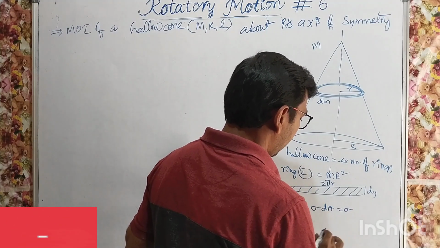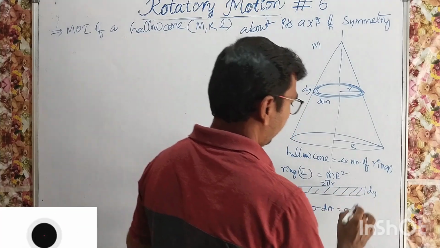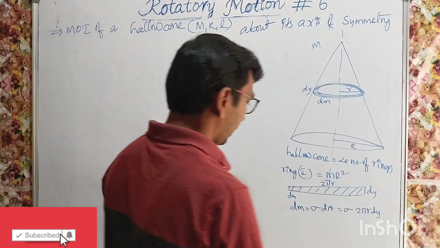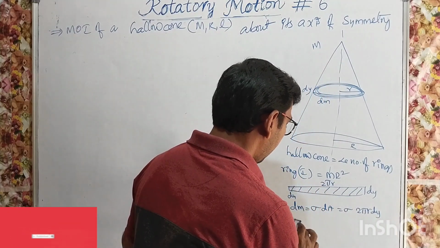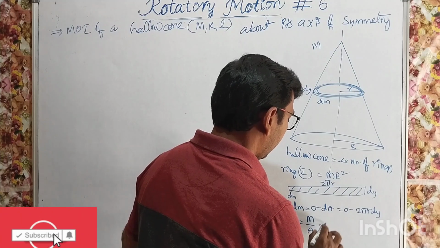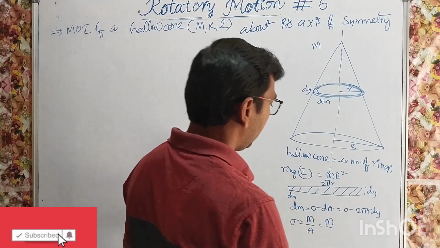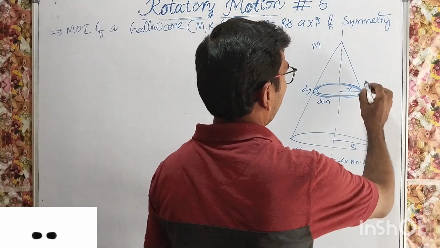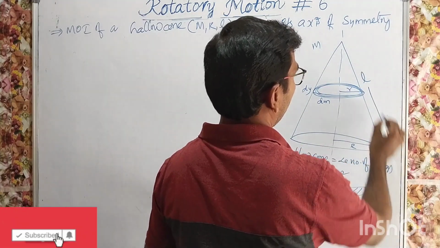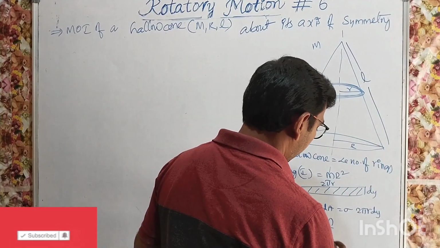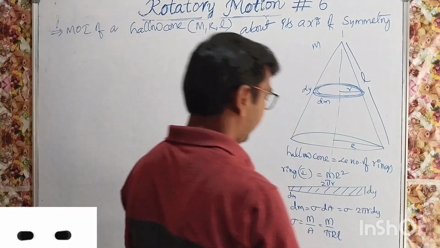So sigma dA is equal to 2 pi r dy. Here you can write sigma is equal to total mass by area, so M by the area of the hollow cone. The area of the hollow cone is pi R L, where L is the lateral distance.